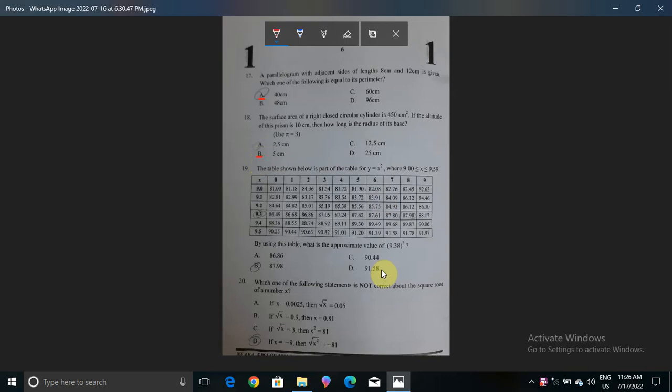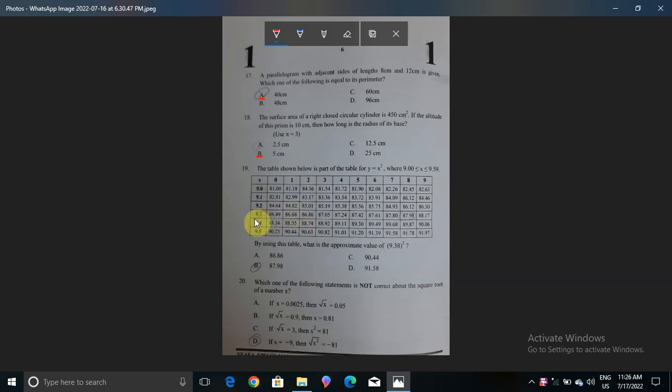Now in question number 19, the table shown below is part of the table for y equals x cubed, where 9.00 is less than or equal to x and x is less than or equal to 9.59. The question here is, by using the table, what is the approximate value of 9.38 cubed? Here, if you can see, where is 9.38?